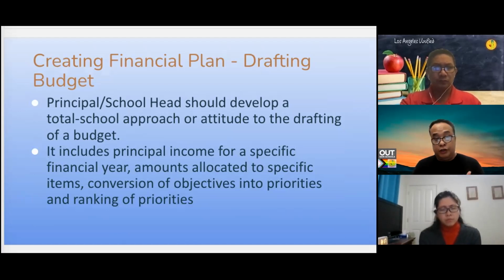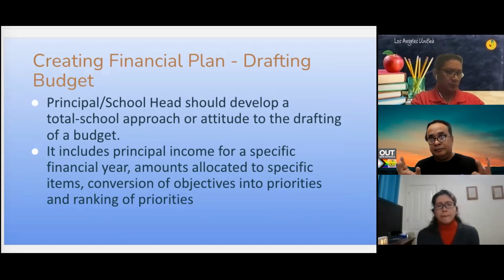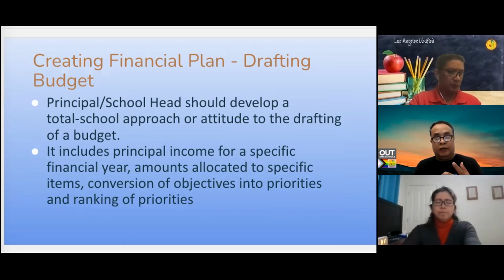Then there is the conversion of objectives into priorities and the ranking of priorities. So which comes first? For example, you decide if we need smart boards, or if we need projectors, and so on.